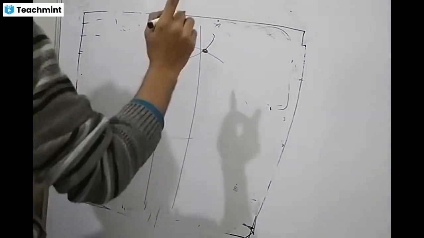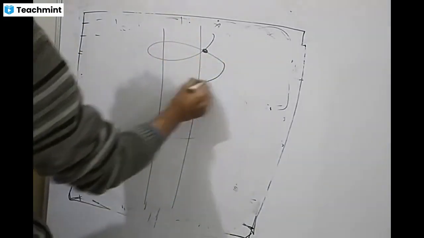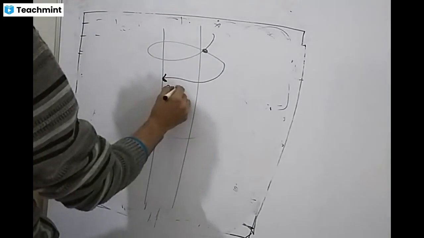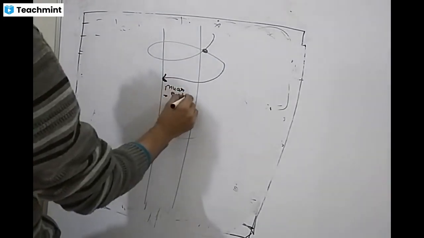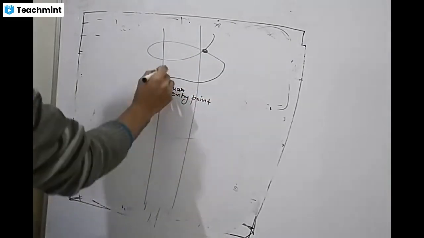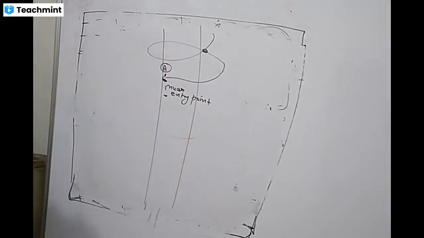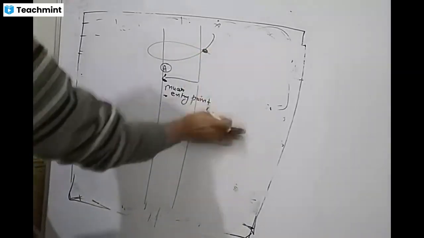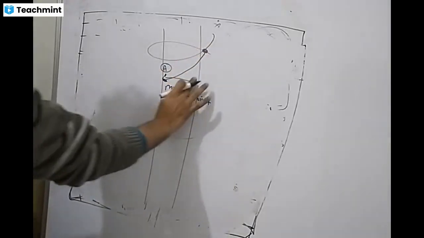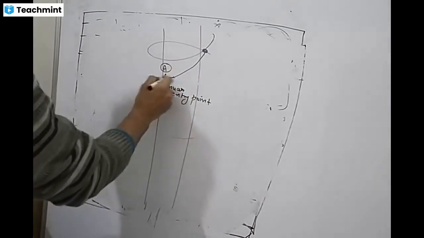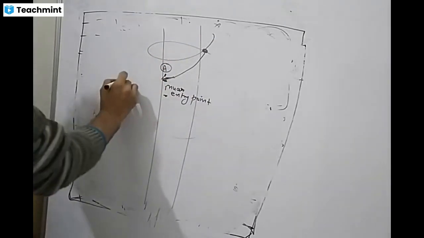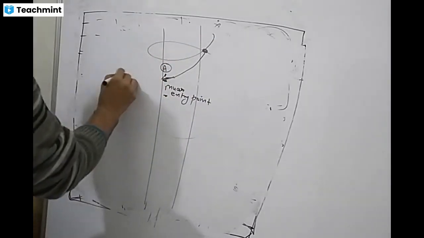Then in this case, we first enter from the mucosa. This is your entry point, number A. This suture is not penetrating this side. Directly we are coming to the mucosa. This is the entry point. After coming to the mucosa, suppose we come out at this point. That is B, your exit point.